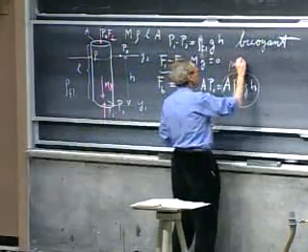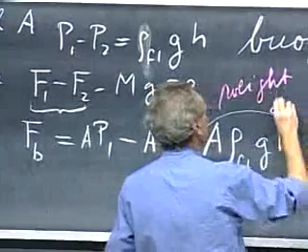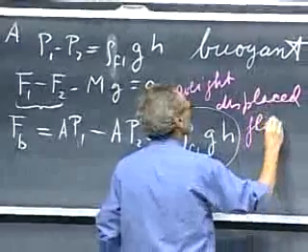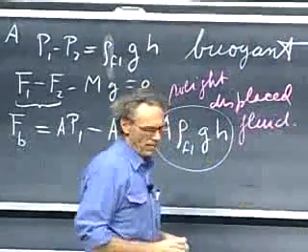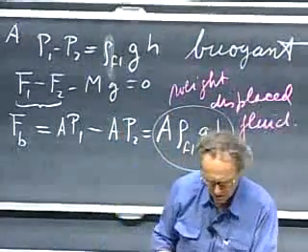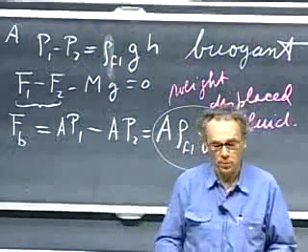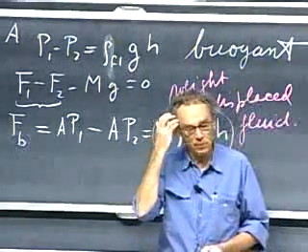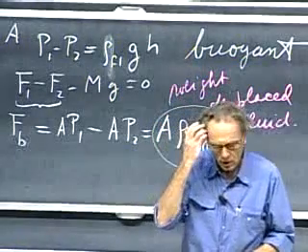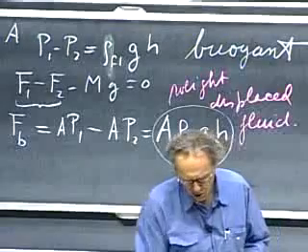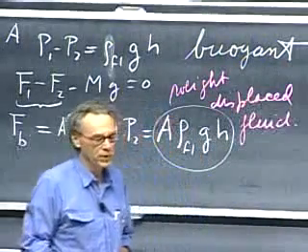So this is the weight of the displaced fluid. And this is a very special case of a general principle which is called Archimedes Principle. Archimedes Principle is as follows. The buoyant force on an immersed body has the same magnitude as the weight of the fluid which is displaced by the body.